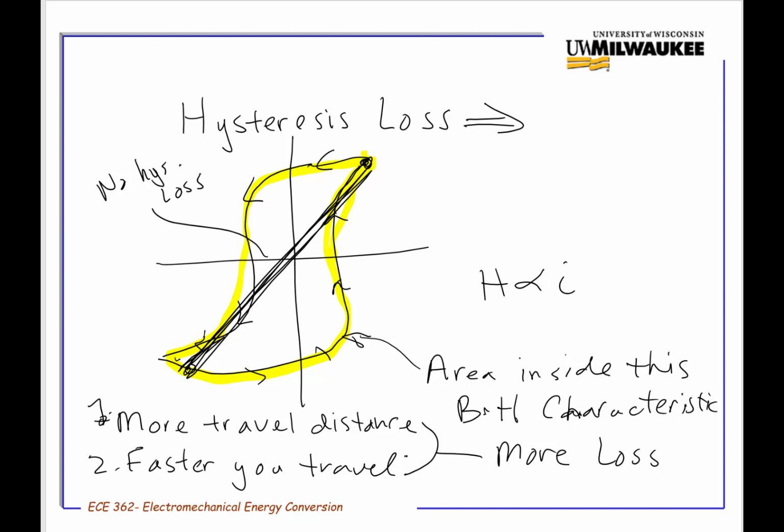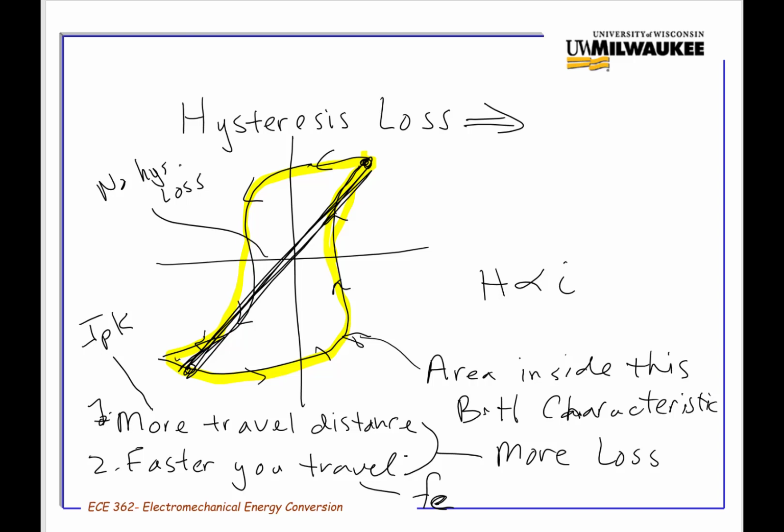So the more you travel is the I amplitude, I peak, and the faster you travel is the electrical frequency, Fe. So the higher the frequency, the more the losses. Losses go up with frequency.